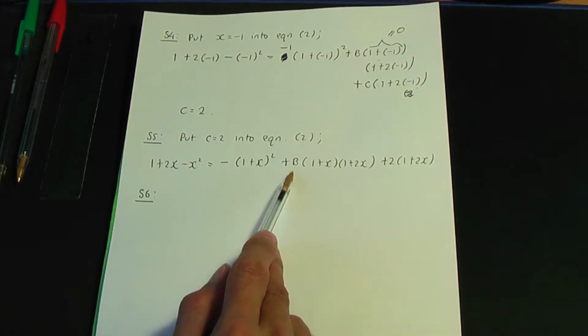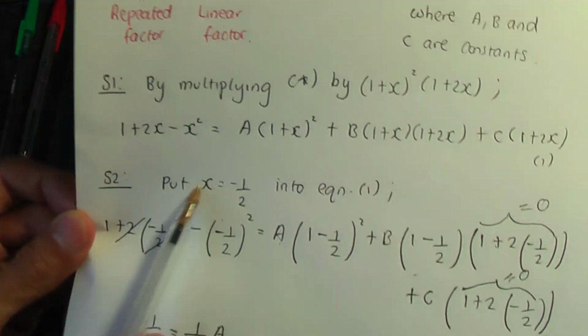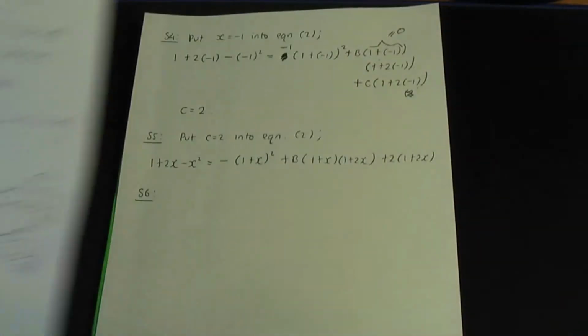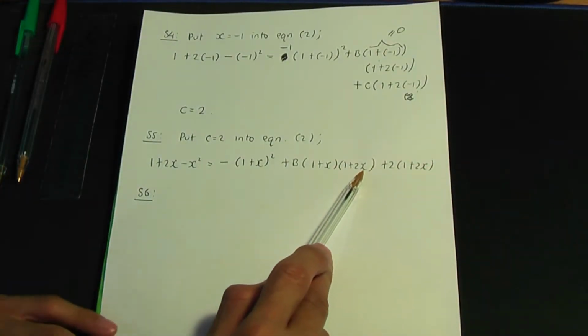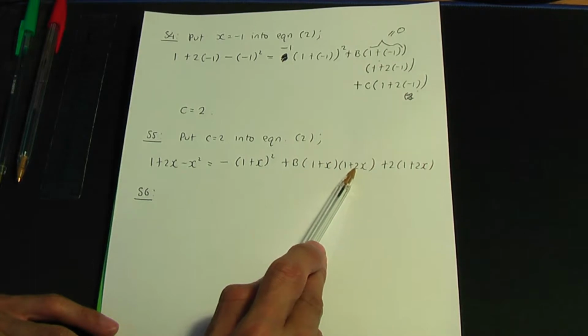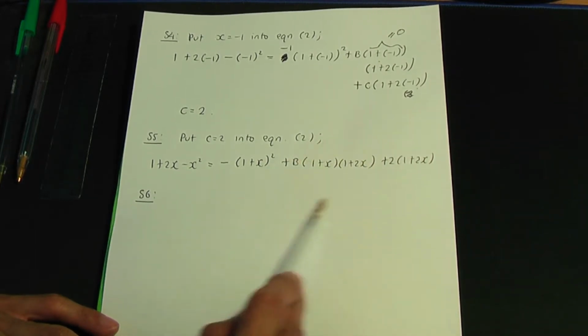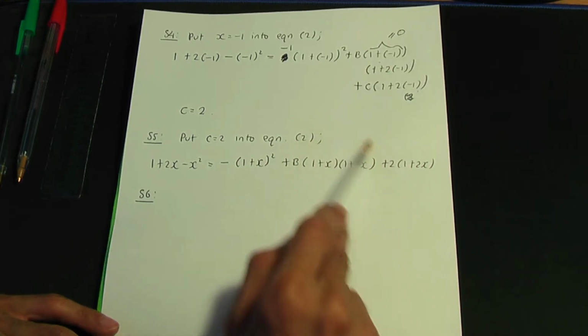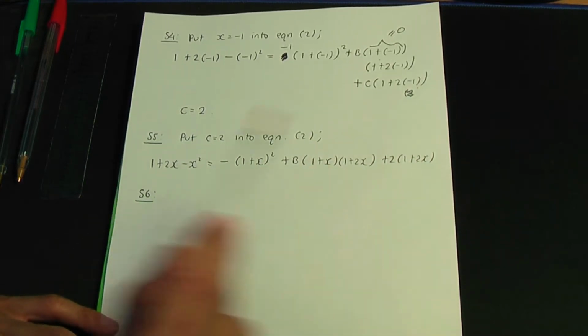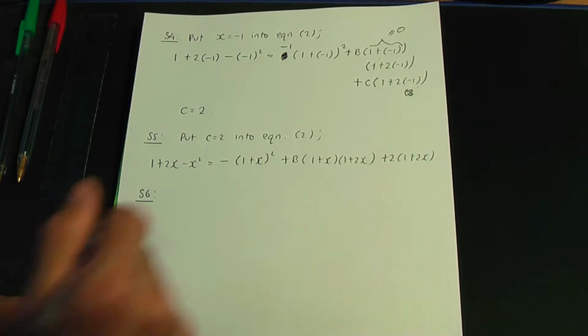We also used x as minus half. Even if you put minus half here, 1 plus 2 into minus half is 0, which would again eliminate that b term. So choose any value of x except the ones that you've used.